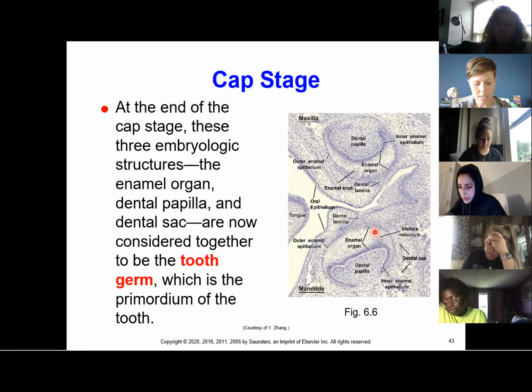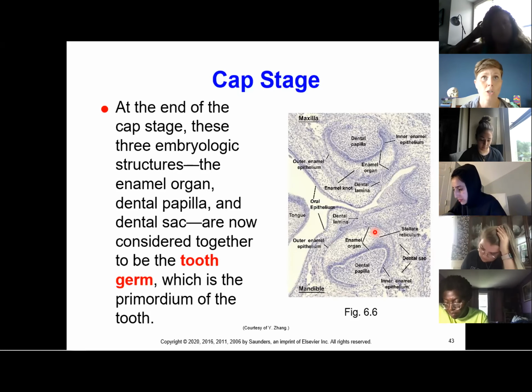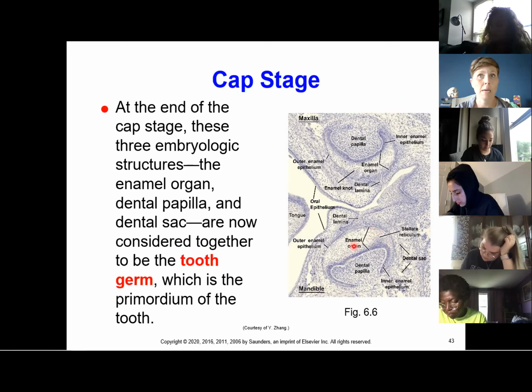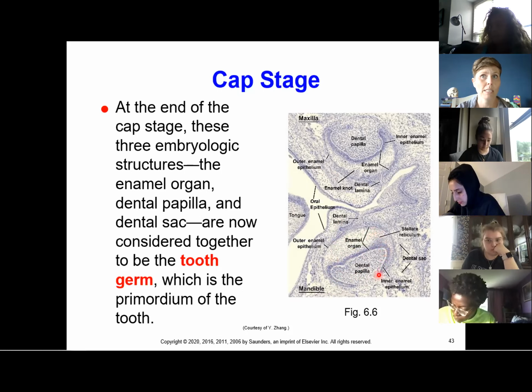All right, at the end of the cap stage, these three embryonic structures, the enamel organ, the dental papilla, and the dental sac, are now considered what is called the tooth germ. So you have your enamel organ, your dental papilla. You see how that enamel organ is that cap around there. Then you have your inner enamel epithelium here.